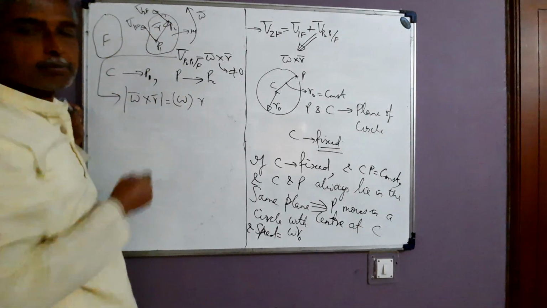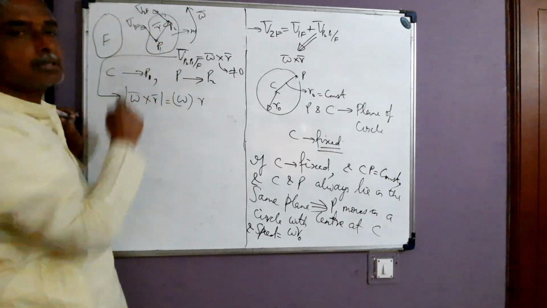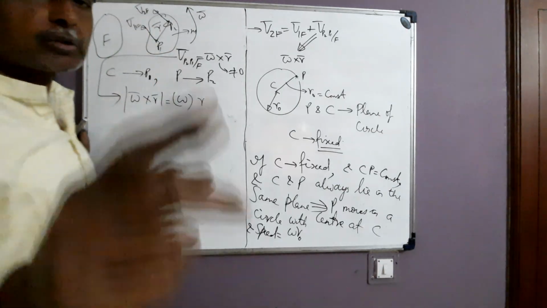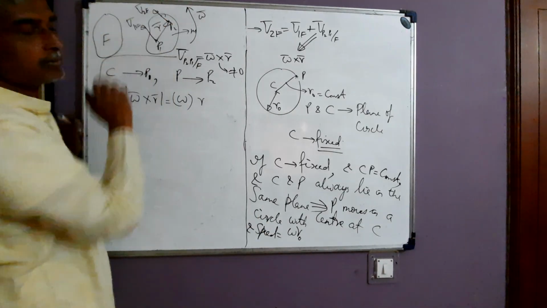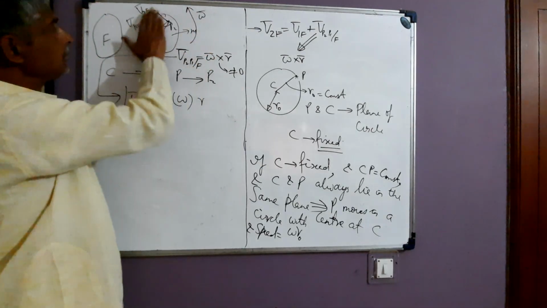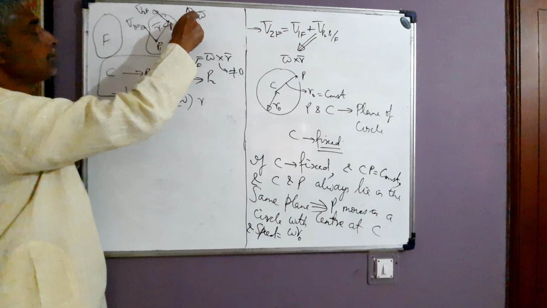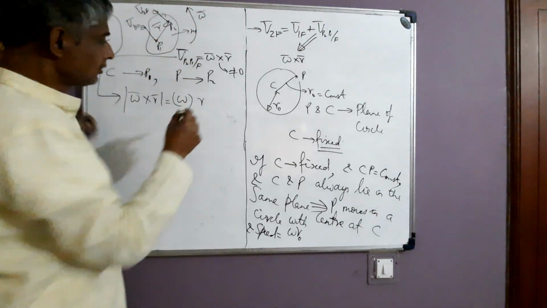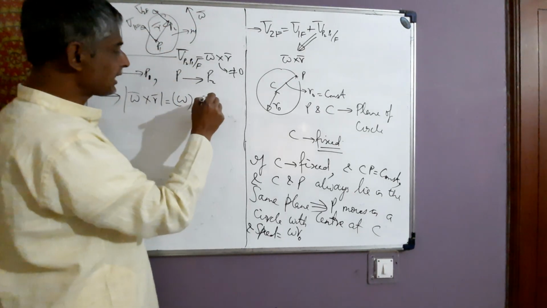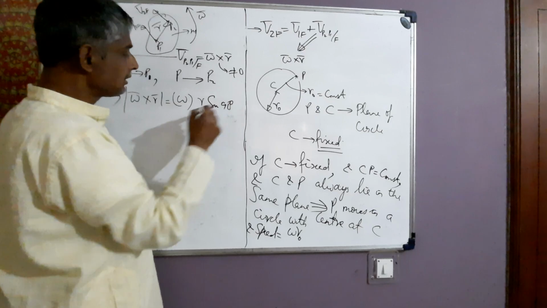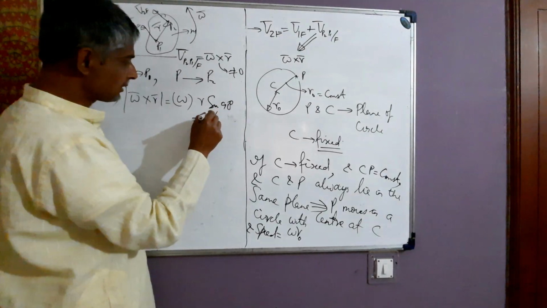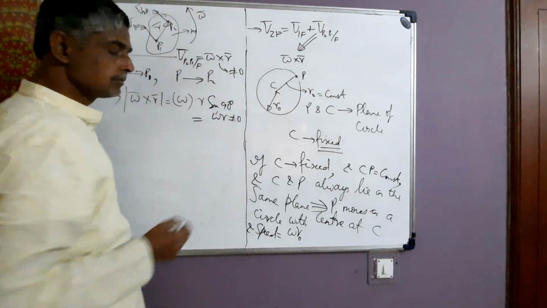P1 and P2 are in the same base plane, so vector R lies in the base plane. In plane motion, vector omega is normal to the base plane, so omega is perpendicular to vector R. The angle between omega and R is 90 degrees, so the magnitude is omega R sine 90 degrees, which is 1. So this becomes omega R, which is non-zero.